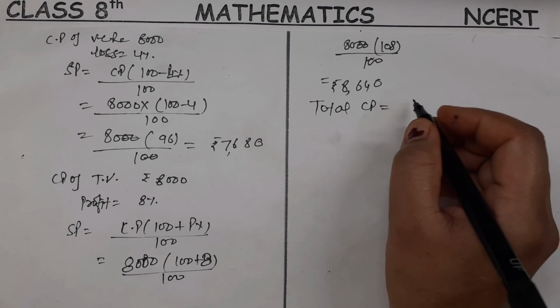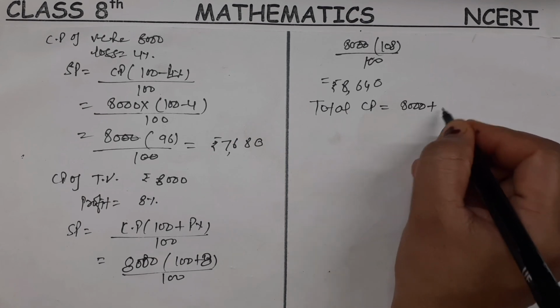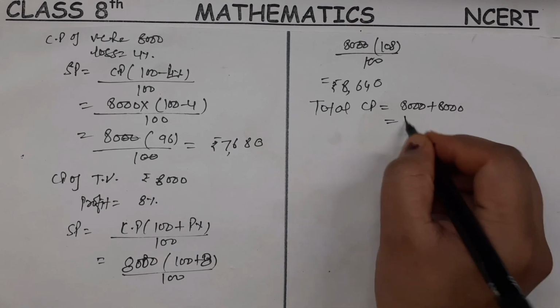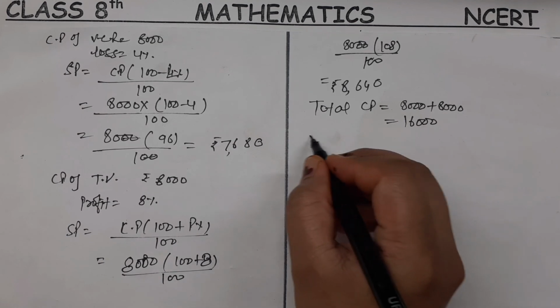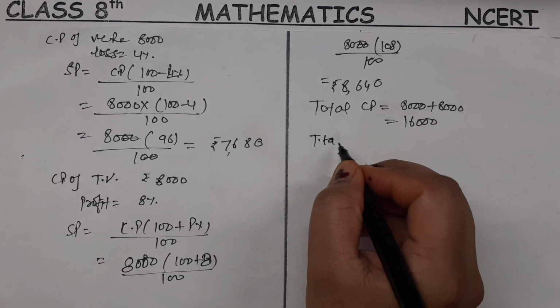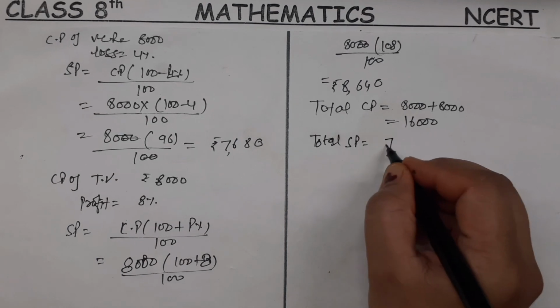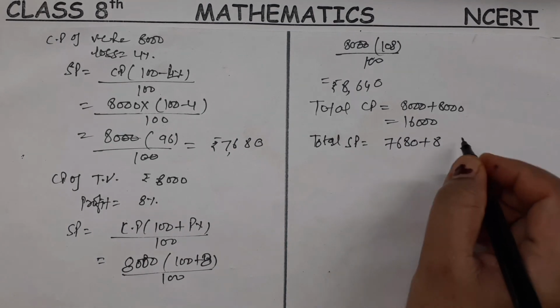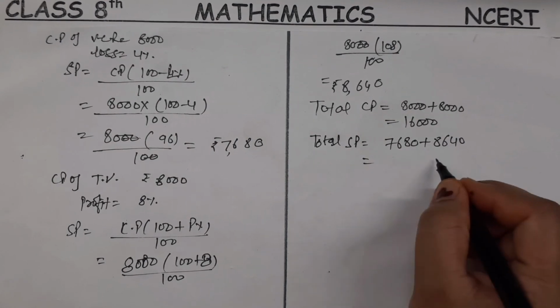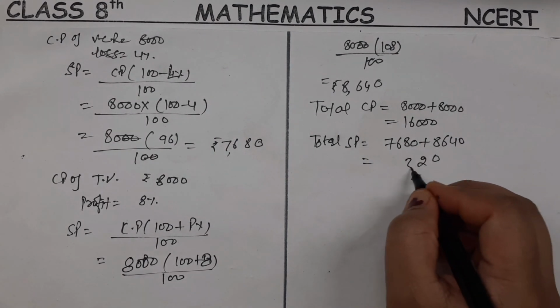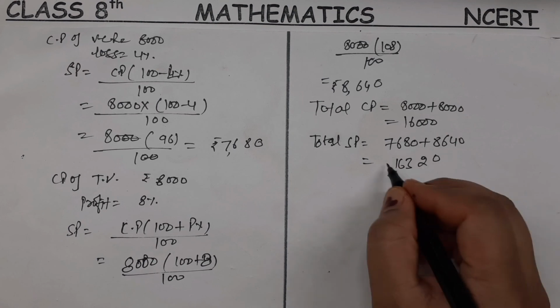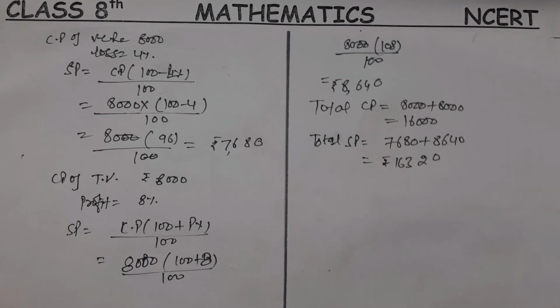Total cost price of VCR and TV 16,000. Total SP rupees 16,340.